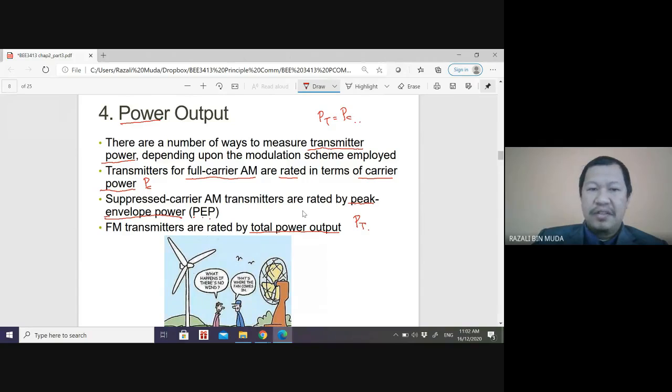So there are different naming, different scheme of power: carrier power, peak envelope power, and total power, depending on the modulation scheme being used.